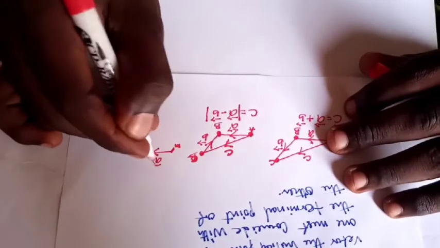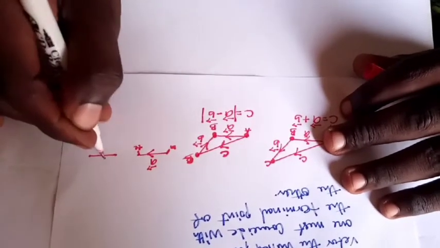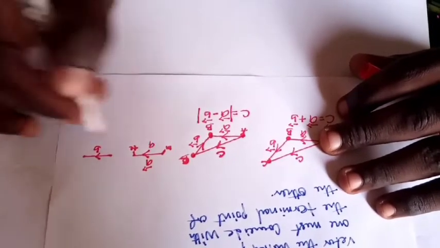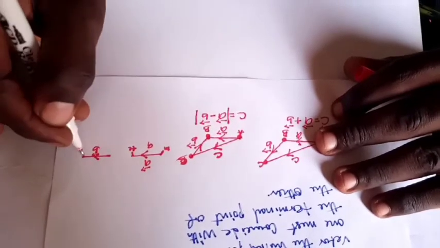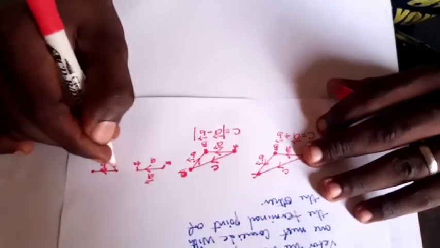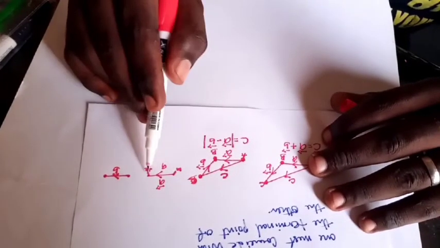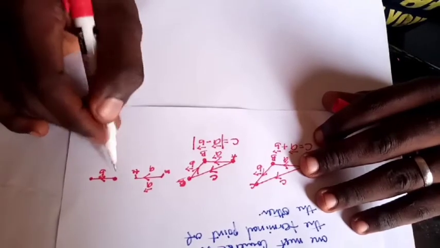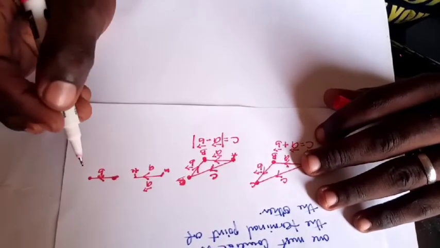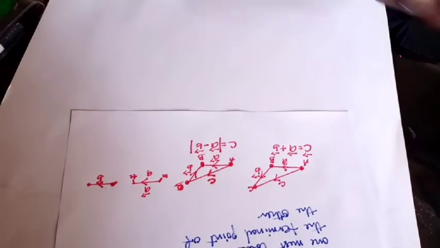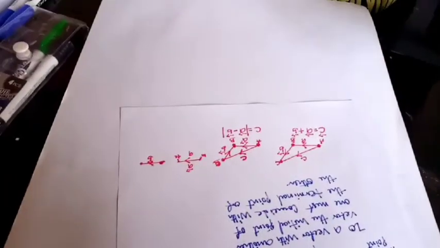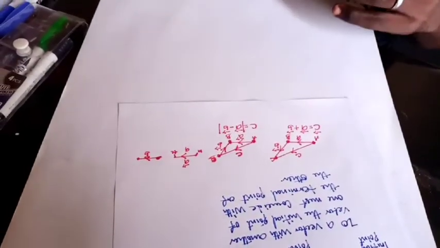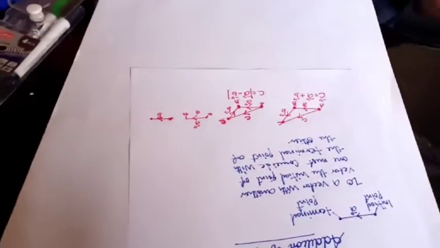If this is vector A and this is another vector B that also faces this same direction, you can see this is its own terminal point and this is its own initial point. So you can see that the terminal point of A will meet with the initial point of B. And that's why we said when two vectors face the same direction, what you need to do is to add them together. So let's proceed by looking at another concept on this particular topic.